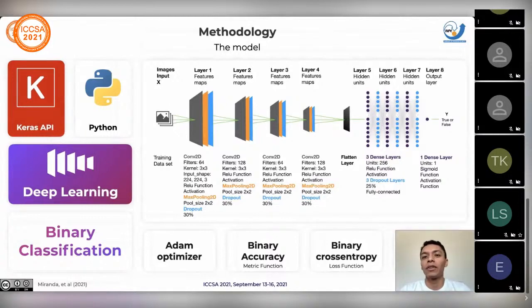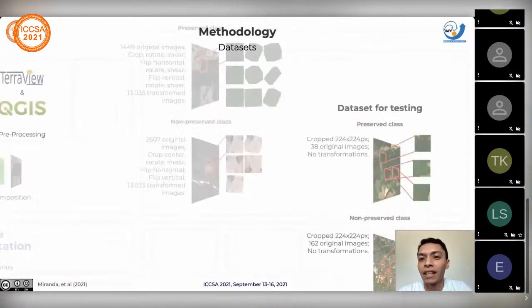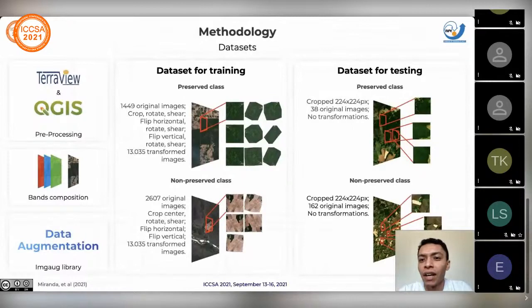For example, we see that the non-preserved class has more data than the preserved class. So I think if this model was trained without transformation, this model would make the classification better for the non-preserved class.